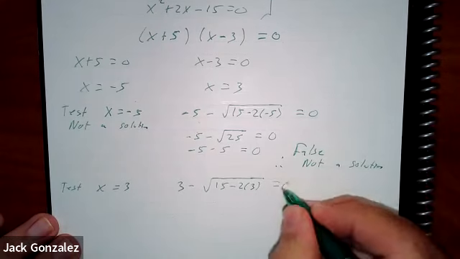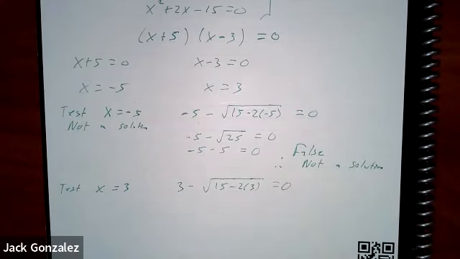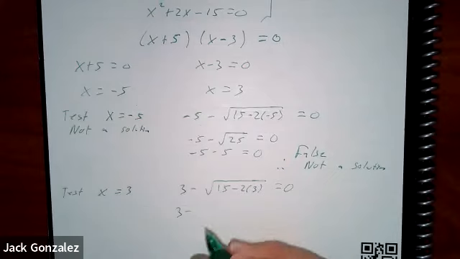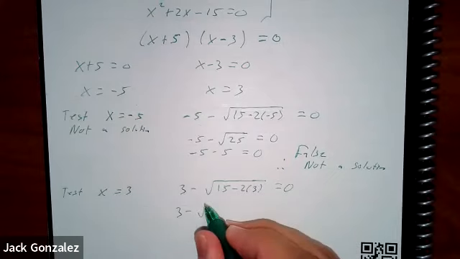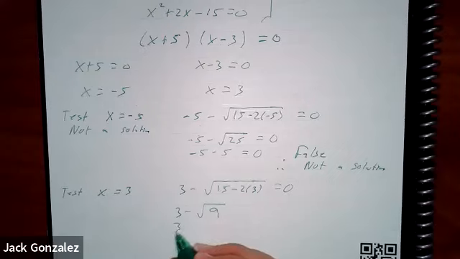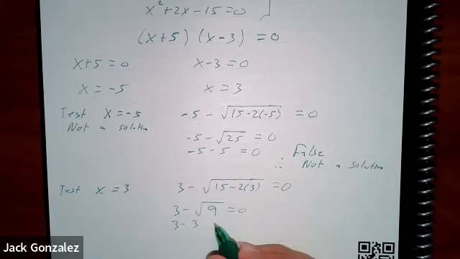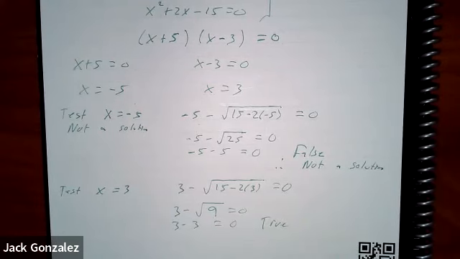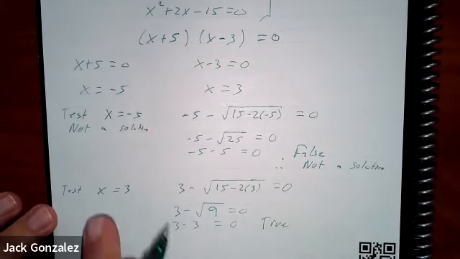Is this equal to 0? 15 minus 6 is 9. Square root of 9 is 3. 3 minus 3 is 0. So one part of the equation is true, just this one.